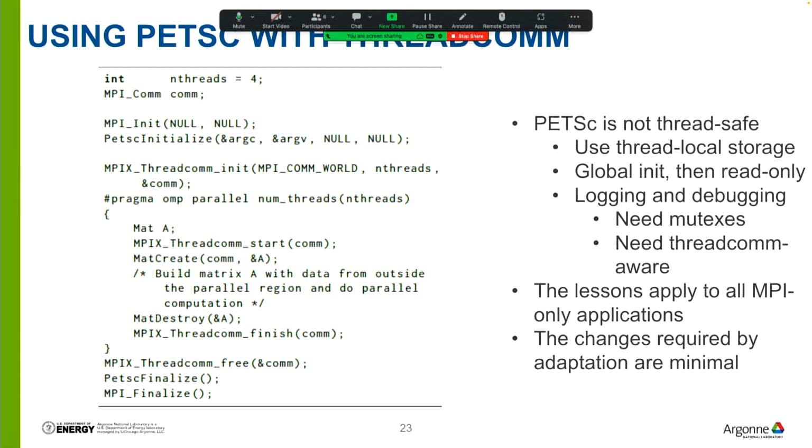If you are using global variables, your initialized global variable should be read only during your actual computation. And during creation here, like the MPIX mat create, you should try to localize your information into your object, for example, the matrix A. If you put your dynamic computation-required global variable in the variable A, then it's somehow contained in your thread. So that should work.